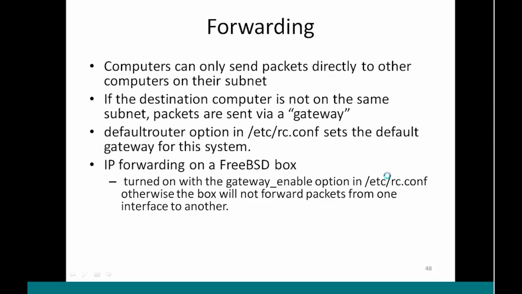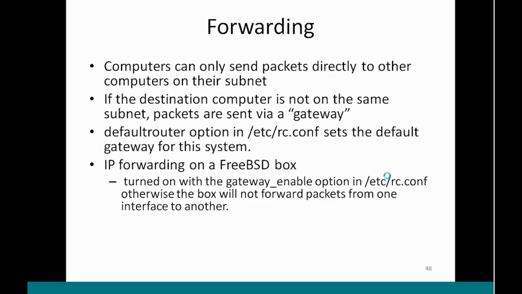So now let's look at how the computers forward the packets based on these addresses. When packets are sent, computers can send packets directly to other computers only if they are on the same subnet.